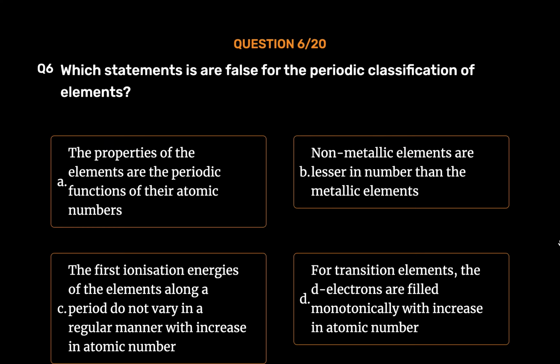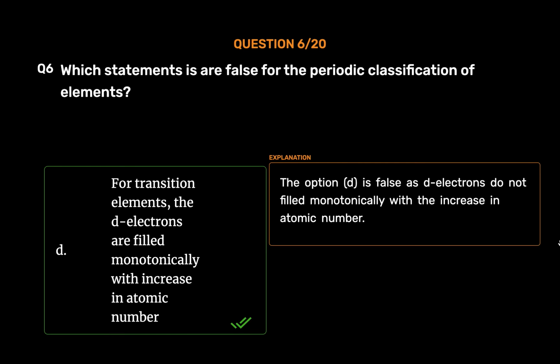Option D. For transition elements, the d electrons are filled monotonically with increase in atomic number. The correct answer is Option D. Option D is false as d electrons do not fill monotonically with the increase in atomic number.